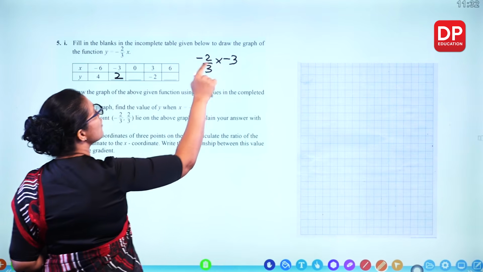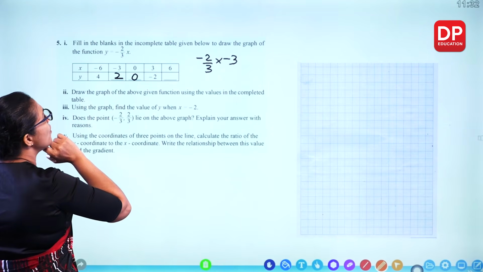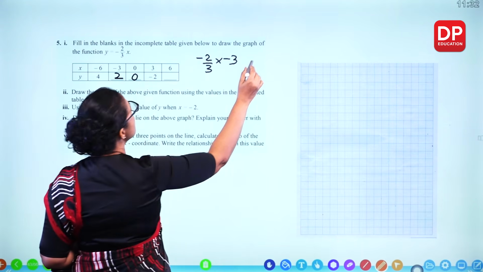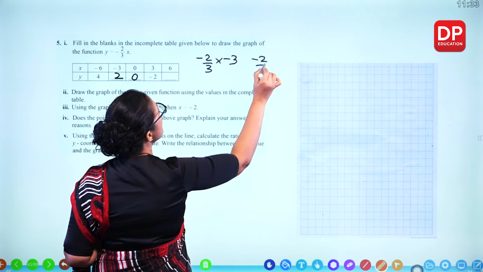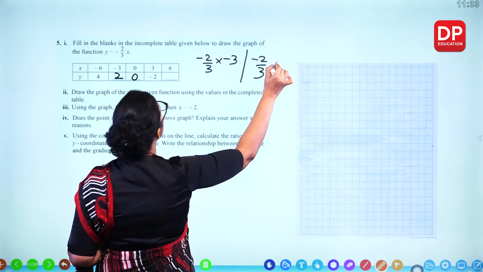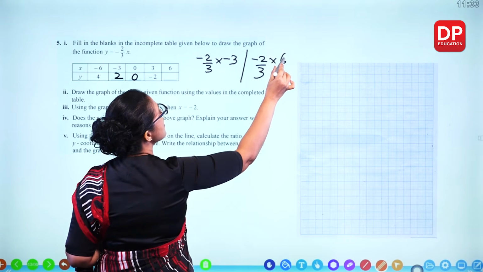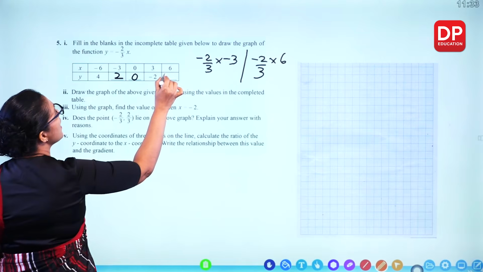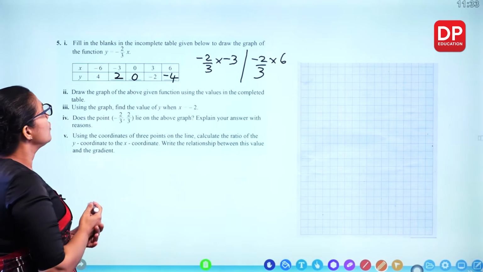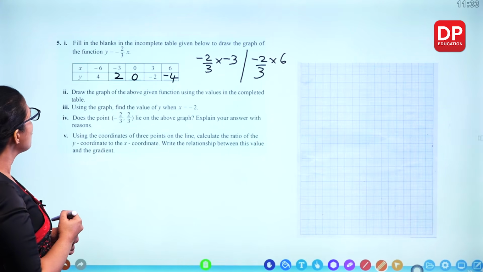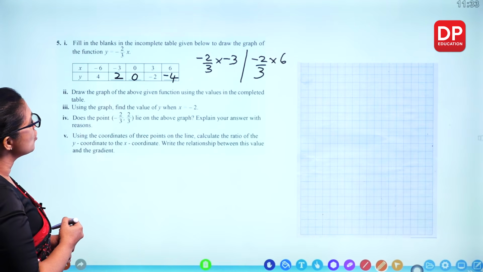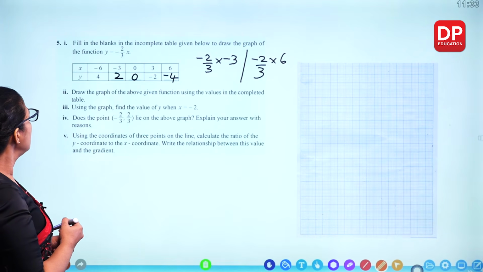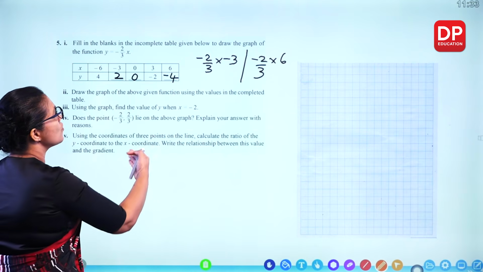Substitute 0, 0 times any number is 0, and substitute 6: minus 2/3 into 6, 3 times 2, 2 times minus 2, minus 4. So you can fill the table. Draw the graph of the above given function using the values in the completed table. Then you have to answer these questions.